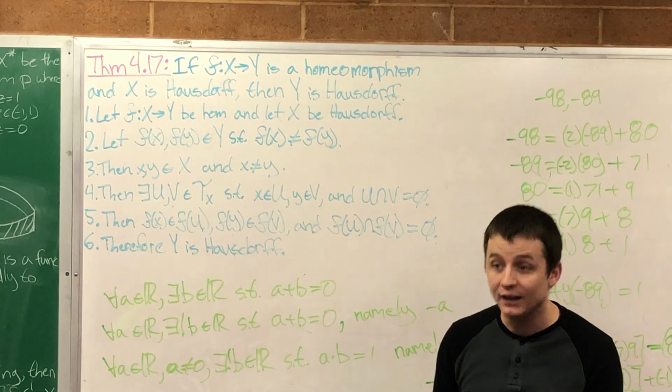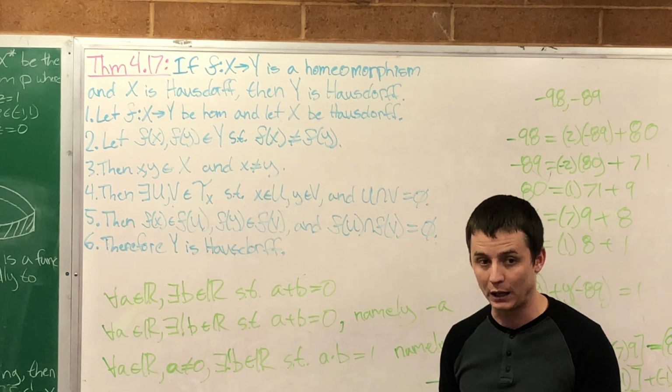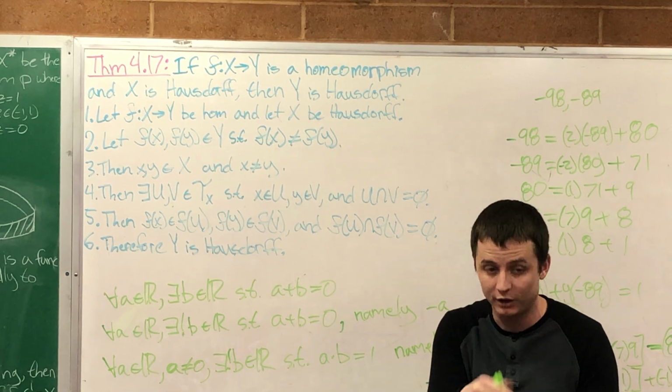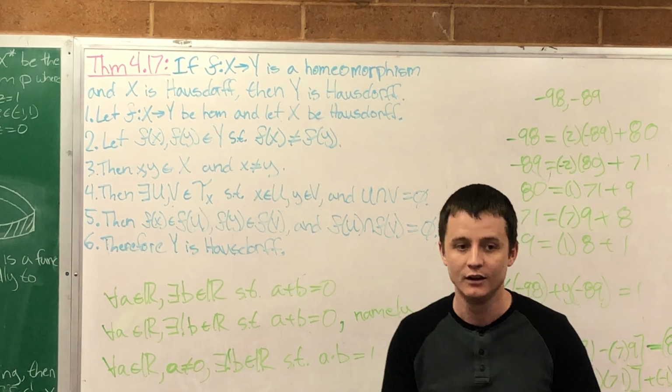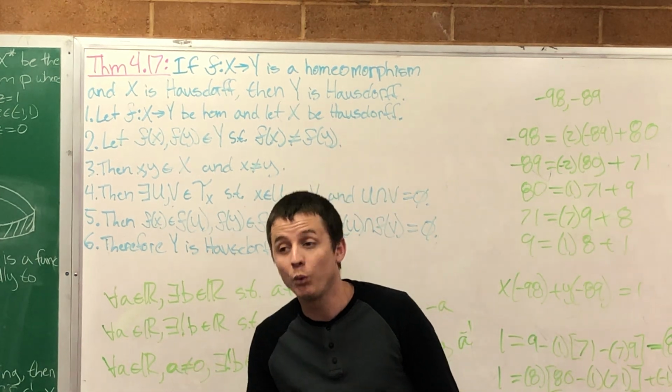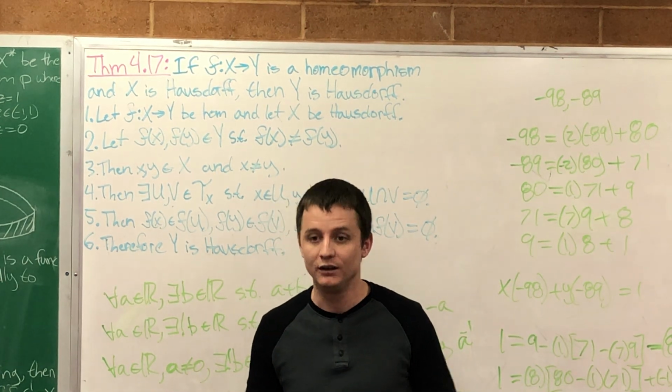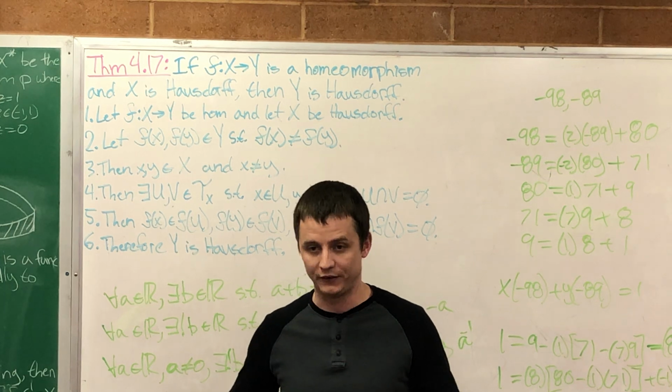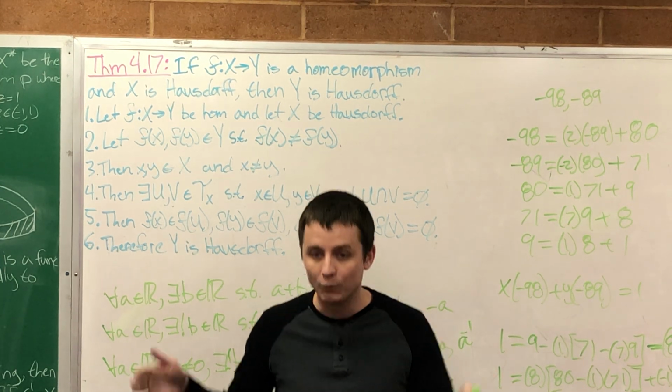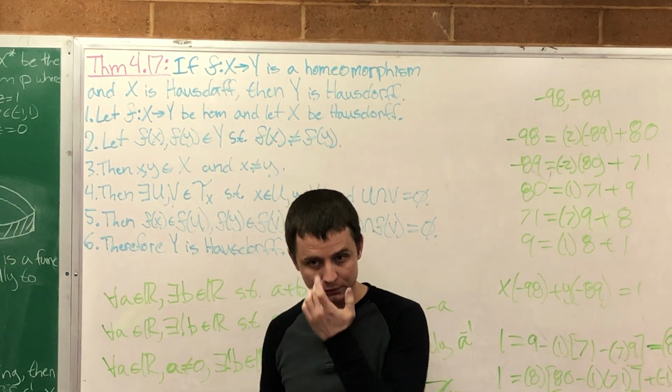So if X is Hausdorff, that's a topological property. If X has some topological property, like being Hausdorff, and Y does not have that topological property, then we know that they're not homeomorphic. If they were homeomorphic, then they both have to have the property.